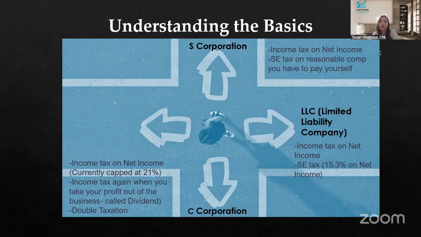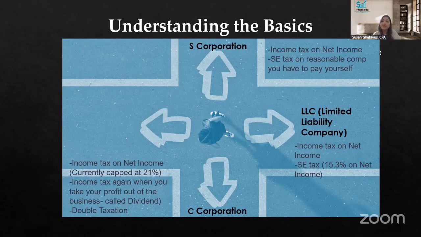And what's an S corporation? How do you get taxed as an S corporation? Number one, you get taxed on your net income. So same as with the LLC, same as with your C corporation, you get taxed on your net income. And you get taxed self-employment tax on what we call reasonable compensation.